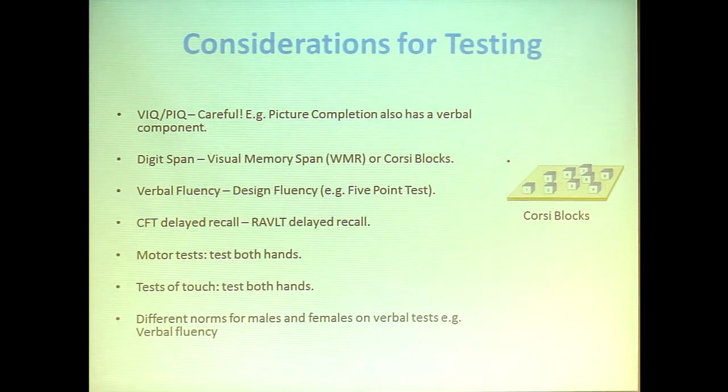Now, not many of the tests nowadays come with Corsi blocks, but they do come with some of the tests, and I'm going to discuss it in a moment. The visual memory span you get from the old visual memory scales, and it's a flat piece of cardboard with little blocks that you need to touch, but it's very prone to tester error, because you have a series of numbers.